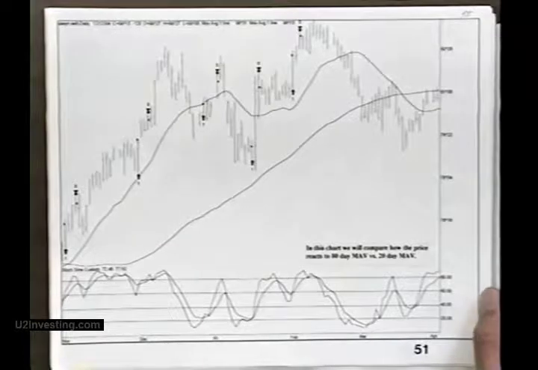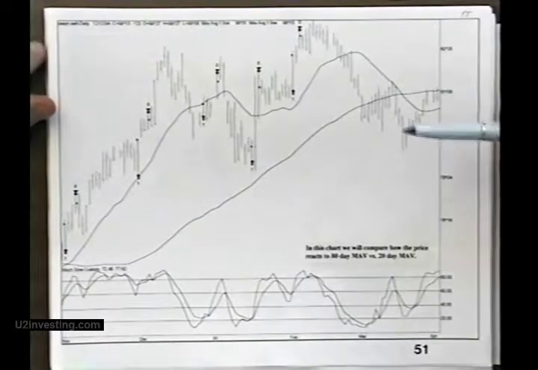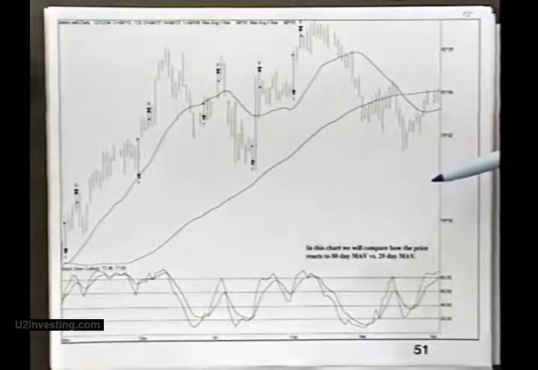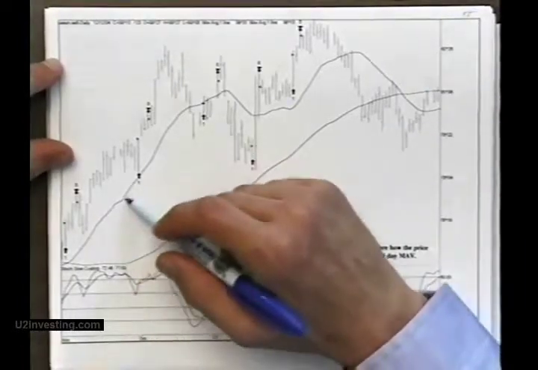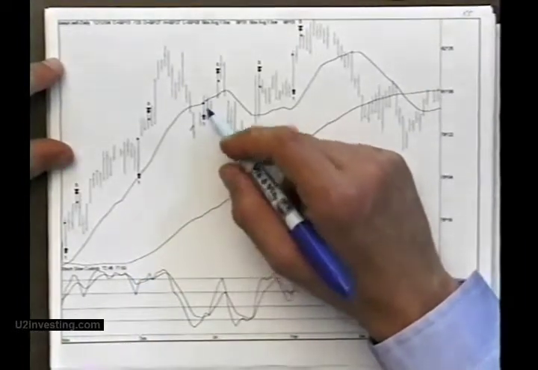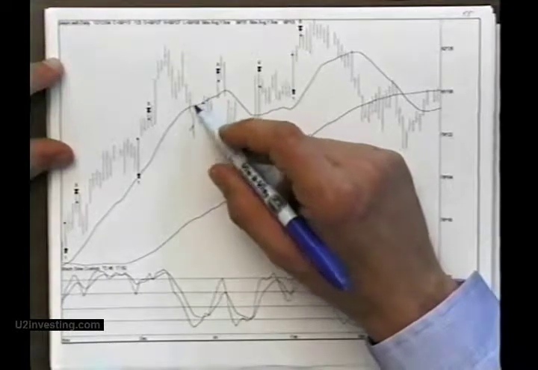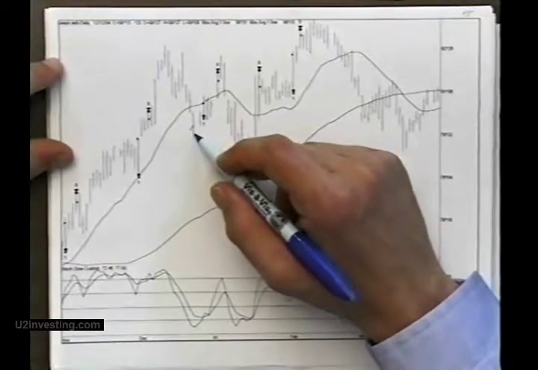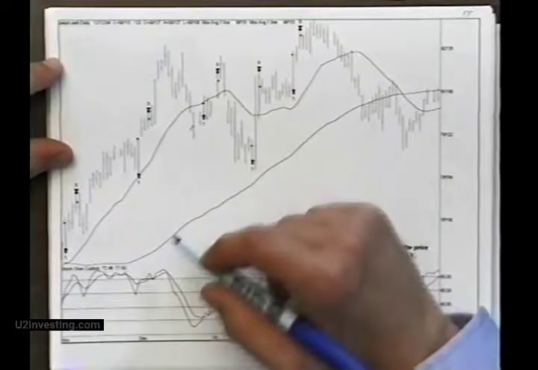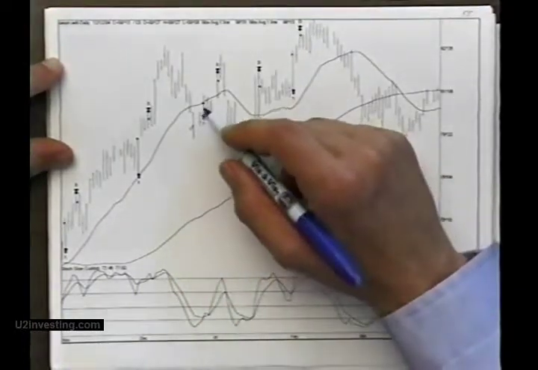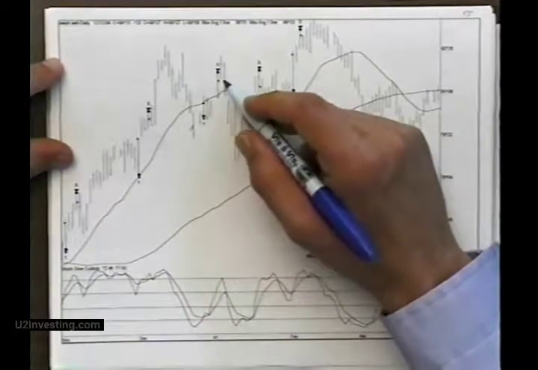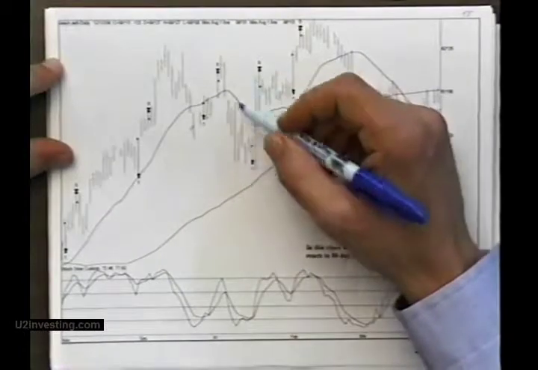In this chart, we're going to compare how the stochastics method behaves around the 80-day and 20-day moving average. Here, the 20-day moving average would not have given us a buy signal because the market had closed below the moving average, whereas the 80-day moving average gave us a buy signal and it was profitable. Here we have a big correction.